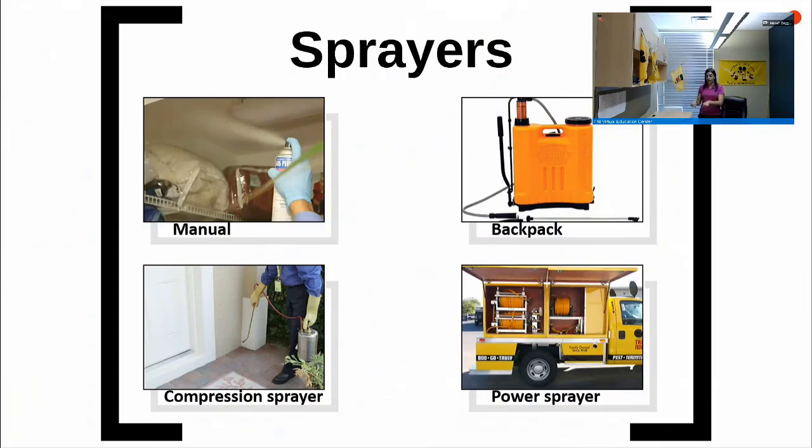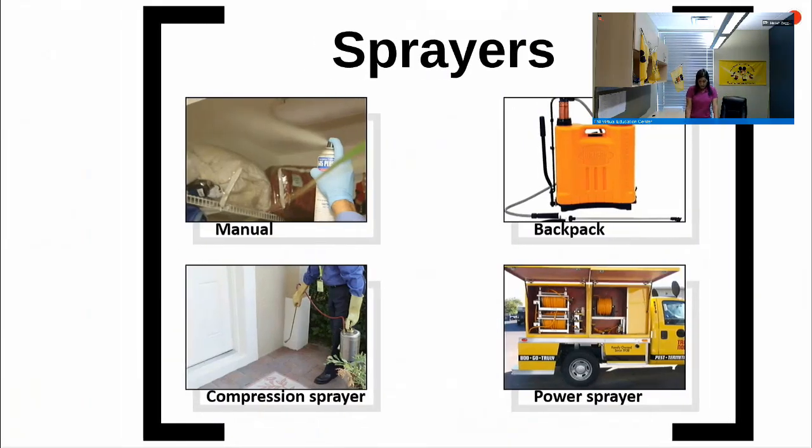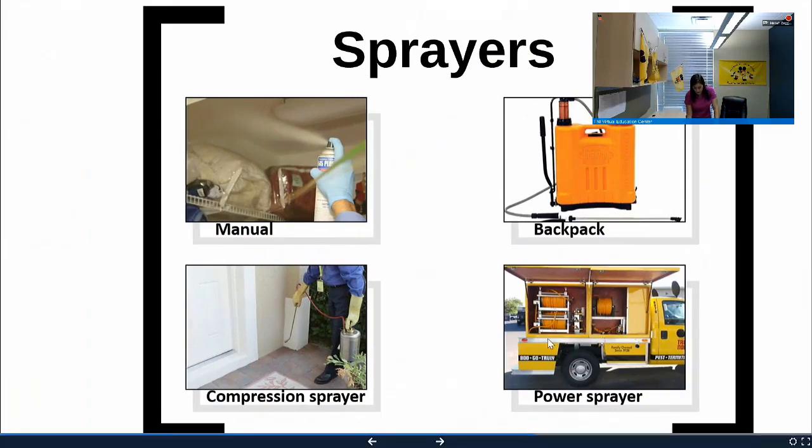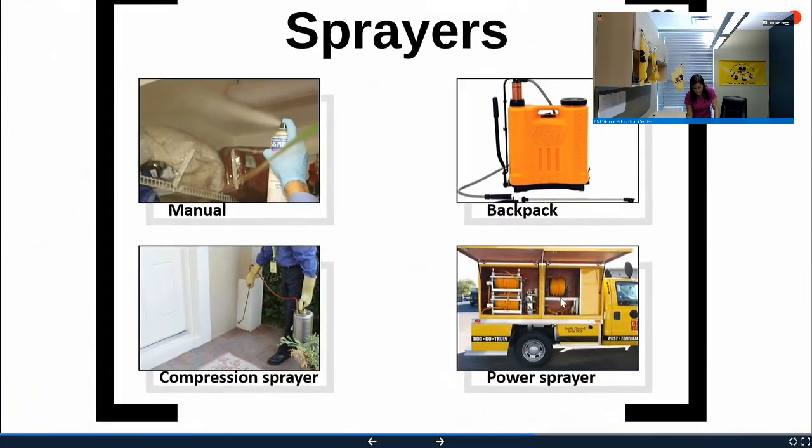So we put pressure and then we do the application. Power sprayer. We use the power sprayer when larger amounts of pesticides are needed to treat, for example, the green zone for subterranean termite treatment, and they are attached and hooked up to the truck.